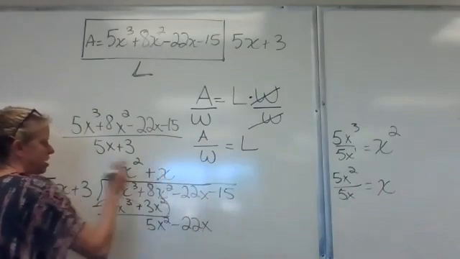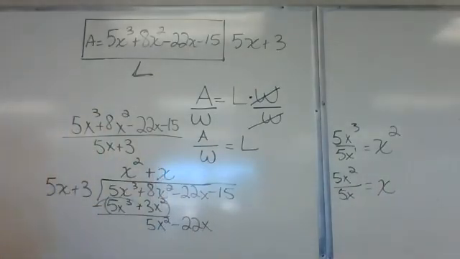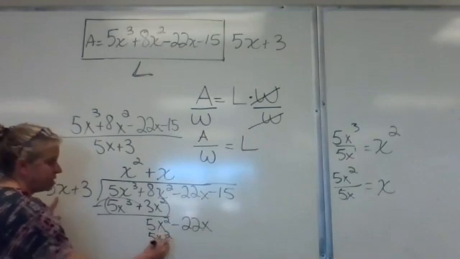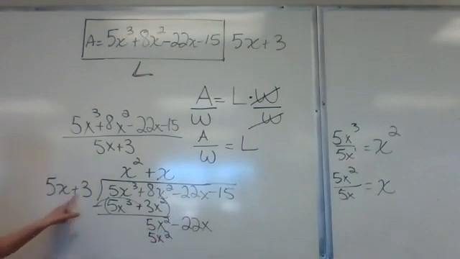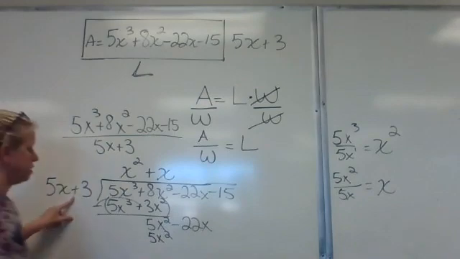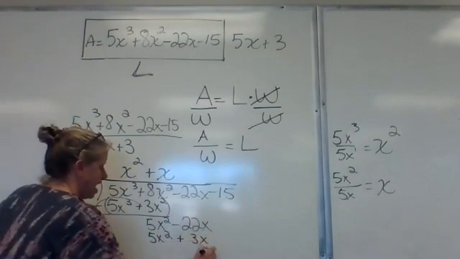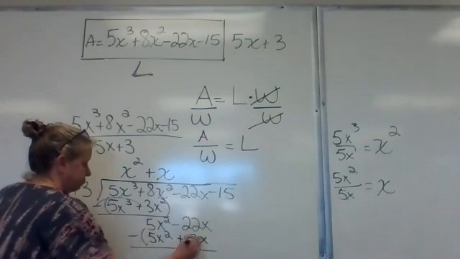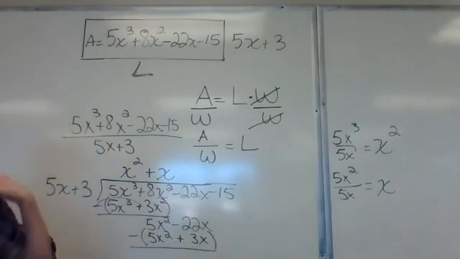So a positive x multiplied. X times 5x gives me 5x squared. X times positive 3 gives me positive 3x. And then subtract.